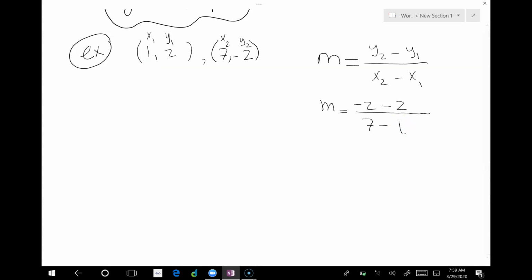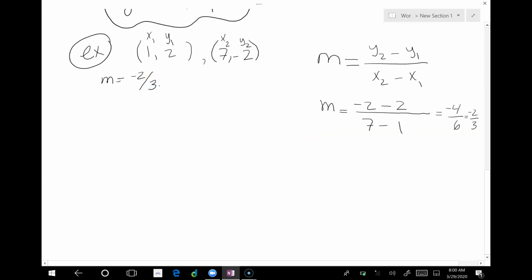Now you just simplify. It's equal to negative 4 on top and 6 on the bottom. It simplifies to negative 2/3, dividing top and bottom by 2. So m is equal to negative 2/3.